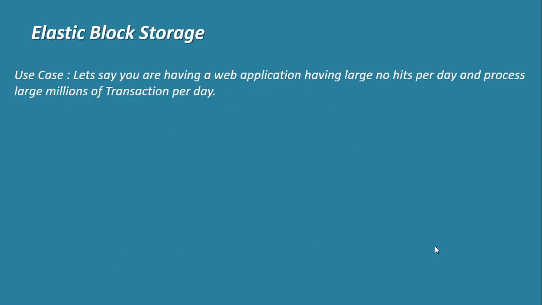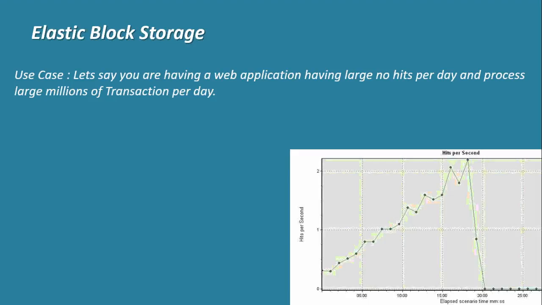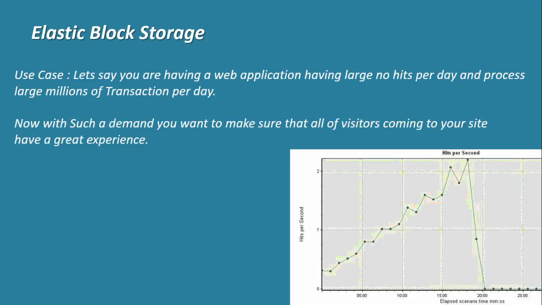Now the use cases. Let's say you have a web application with millions of hits per day, or processing millions of transactions per day. The number of hits increases during the day or at certain times.